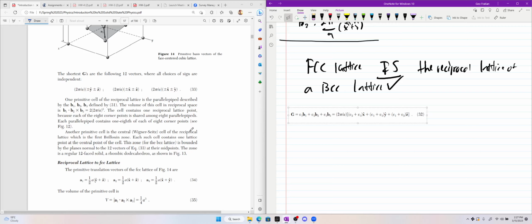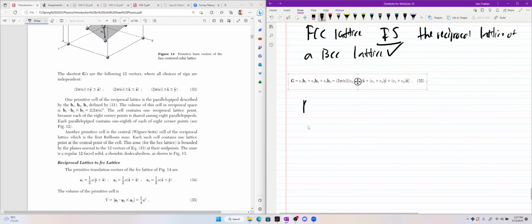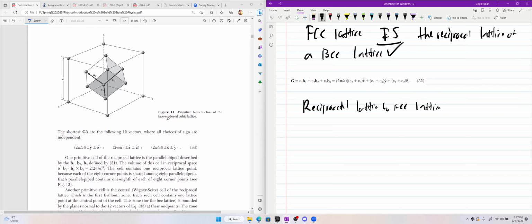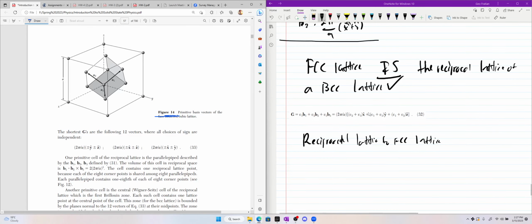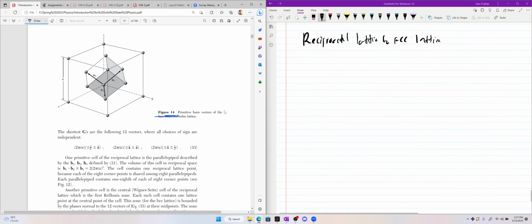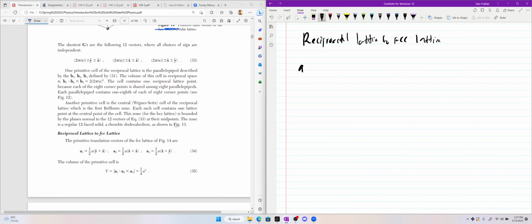Okay, so now what happens is we want to go from the reciprocal lattice to the FCC lattice. You can probably guess where this is going. So if we look at the primitive translation vectors of the FCC lattice, figure 14, hint, hint, the reciprocal vectors of the BCC, we get A1 is 1/2 a, y hat plus z hat.